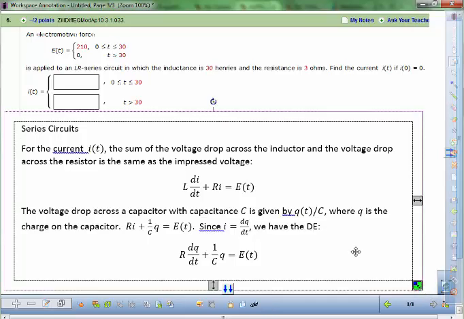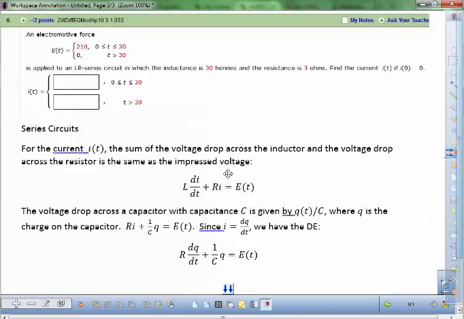So for current, the sum of voltage drop across the resistors is this, and capacitance is given by Q of T over C if we had a capacitor. So it doesn't have that, so I think it's just the first equation is what we're dealing with.